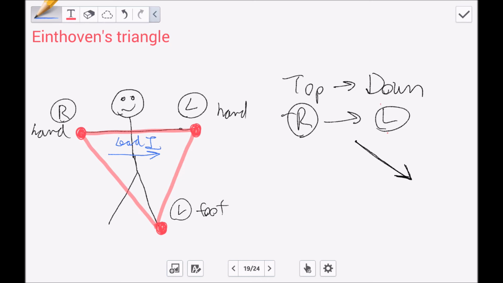Lead 2 is going to connect your right hand to your left foot, and that's the way the electricity is going to travel. Lead 3 is going to connect the left hand to the left foot.